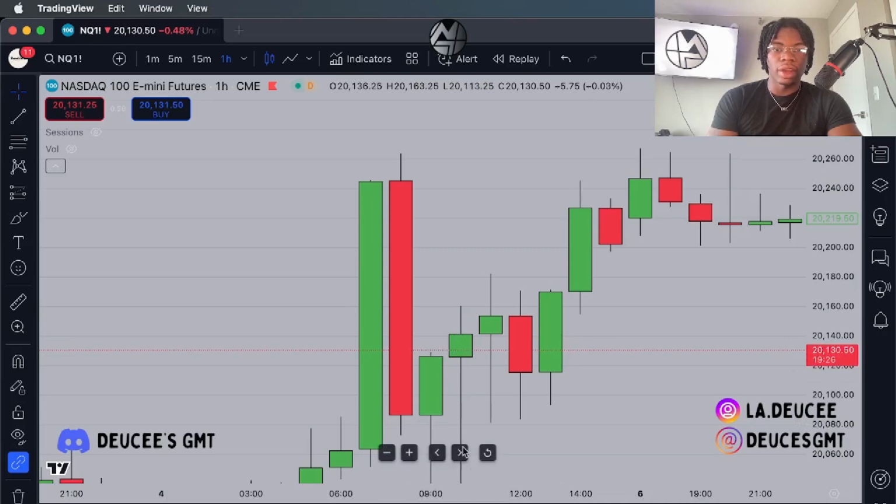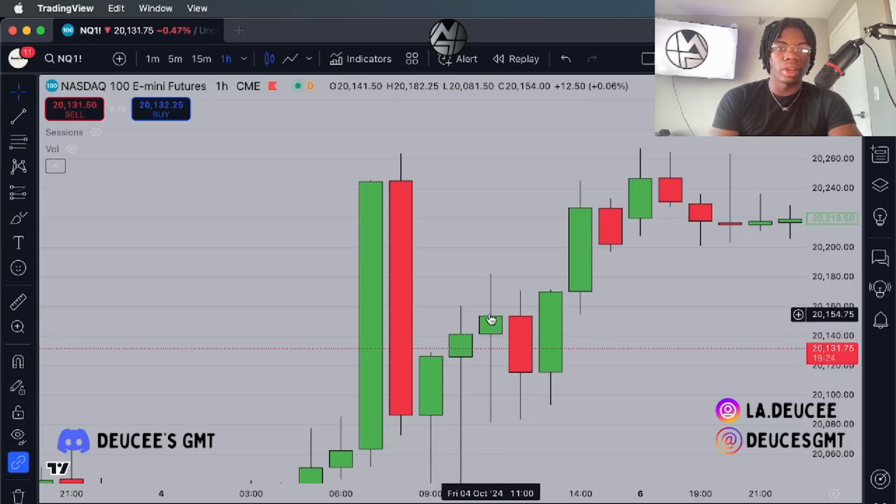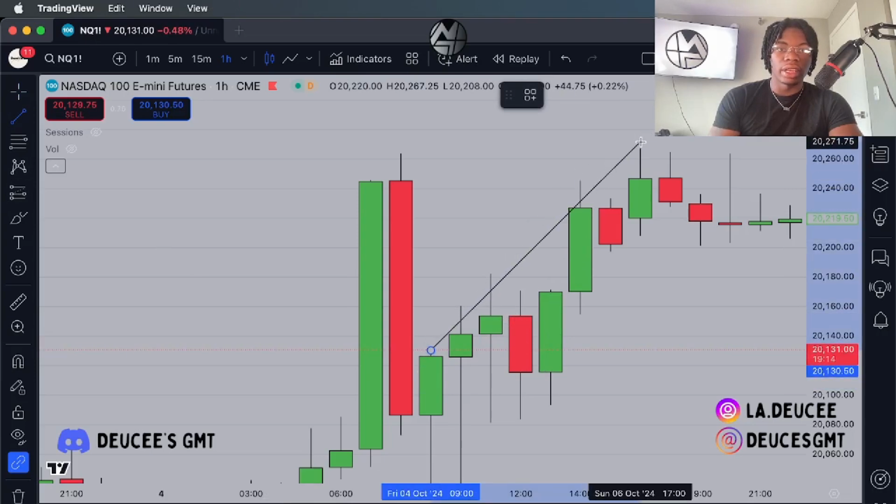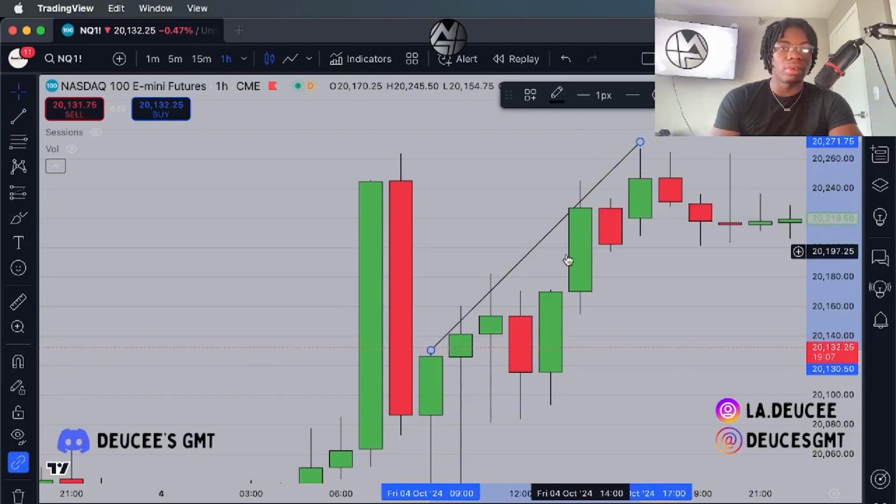It might have come down here, but it's still going up. It ended up here. It's closing above, right? We got one little bearish candle, but then it shot right back up and it kept going up. So if we're looking at the overall shape of it, it's still a bullish trend. We started off down here and we still ended up all the way up here. That's still a bullish trend, even though there are a few bearish candles in it.